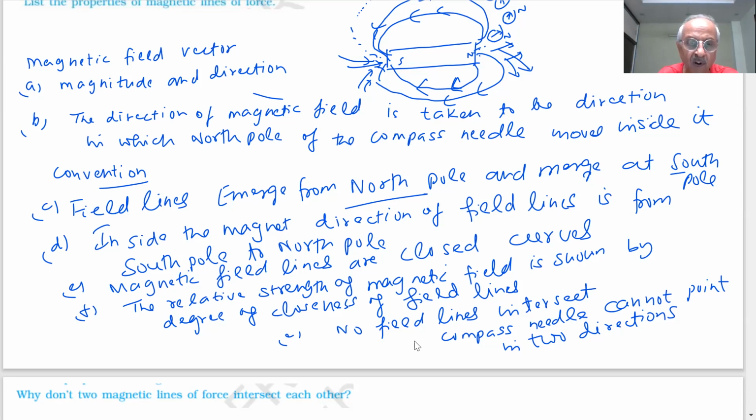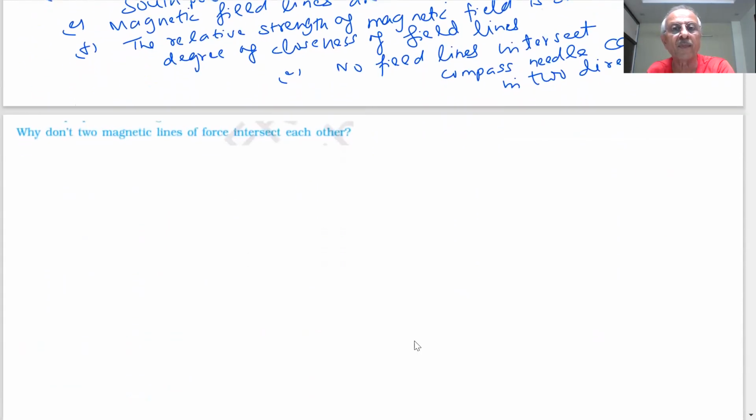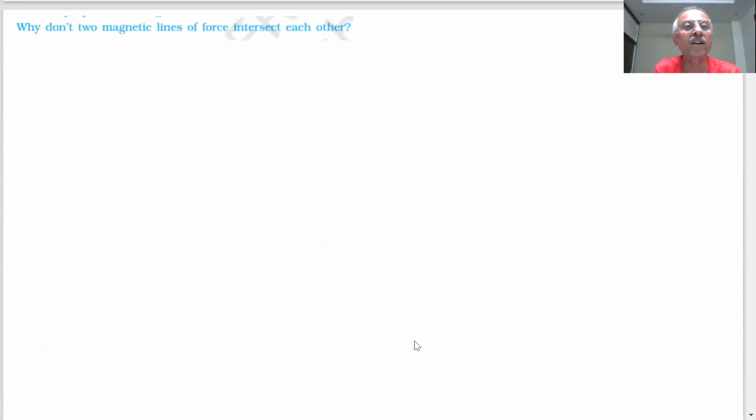Inside, they are from south to north. They are closed curves, and the closer they are, the more is the strength of the magnetic field, and two lines cannot intersect. Why don't two magnetic lines of force intersect each other? This question was answered already. The compass needle would point in two directions. It is not possible.